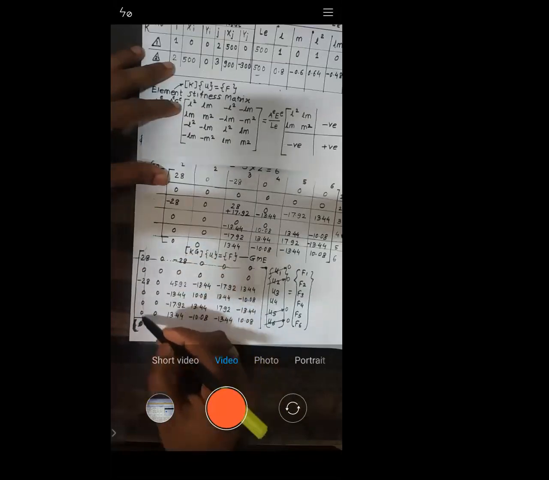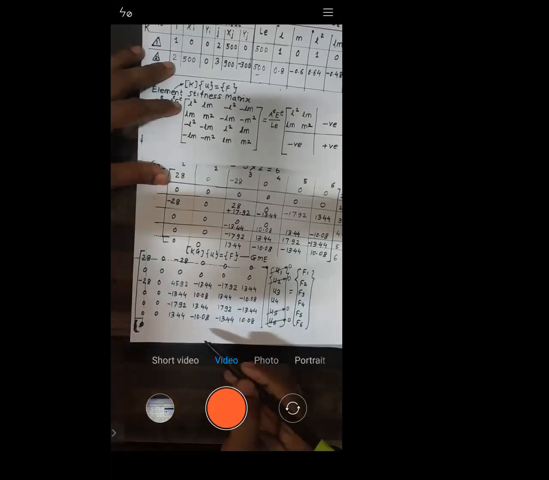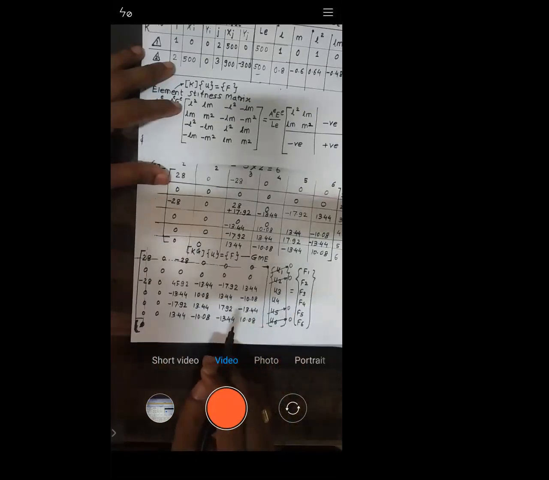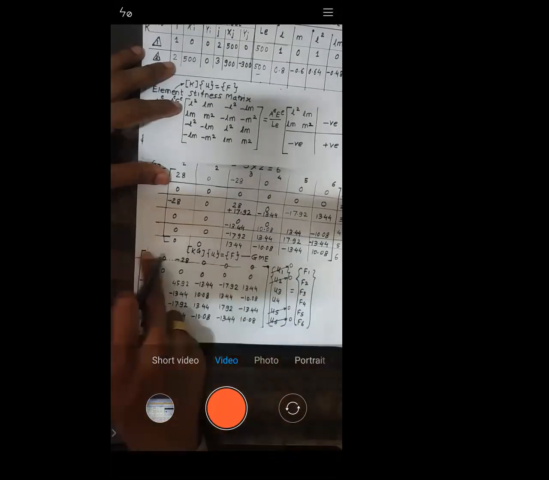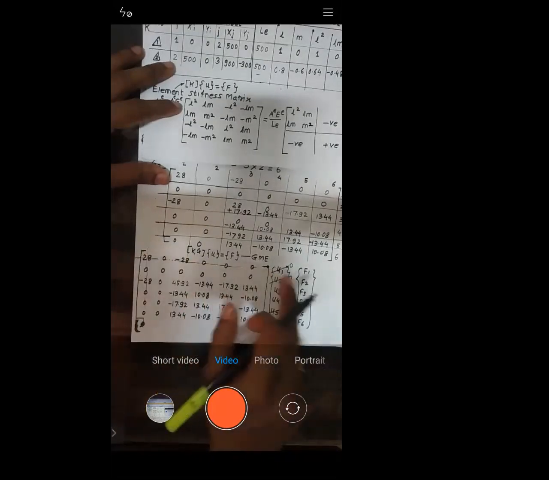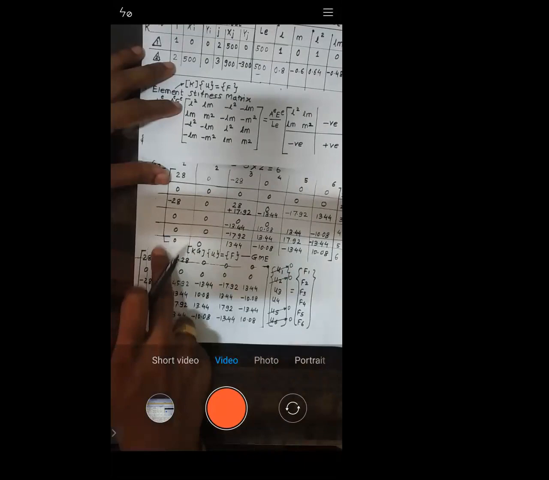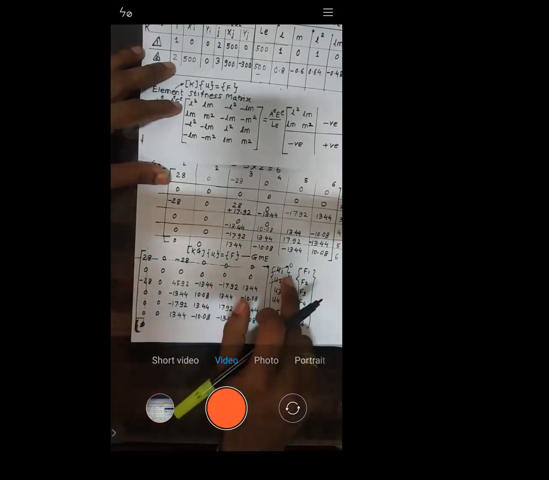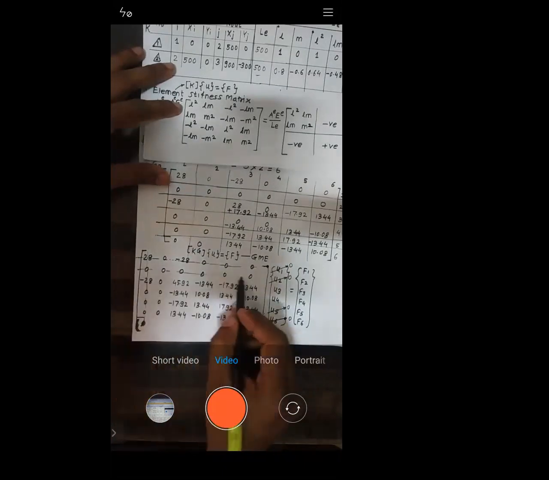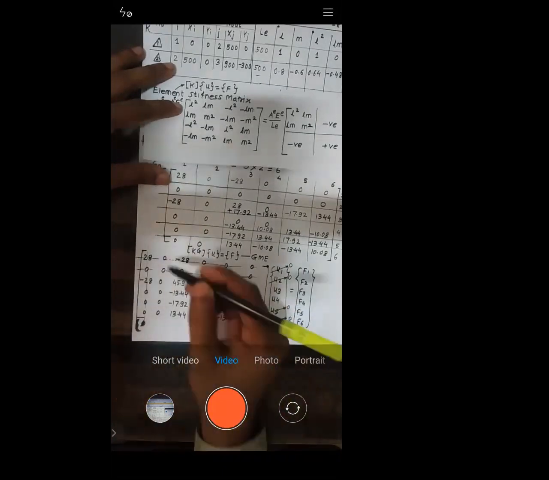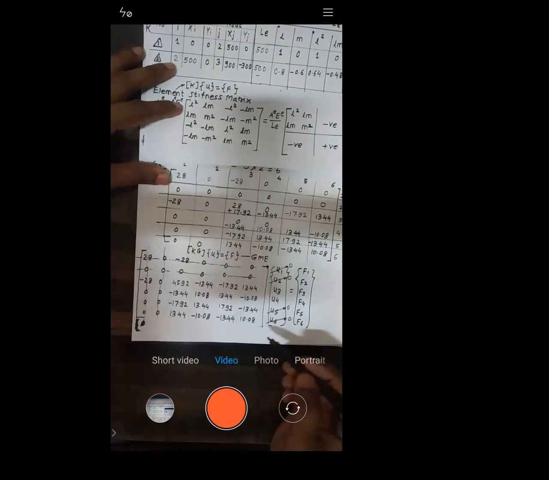Don't rub it out, because further we need to use this equation for the calculation of F1. Similarly, U2 is 0, so the second row and the second column get cancelled.